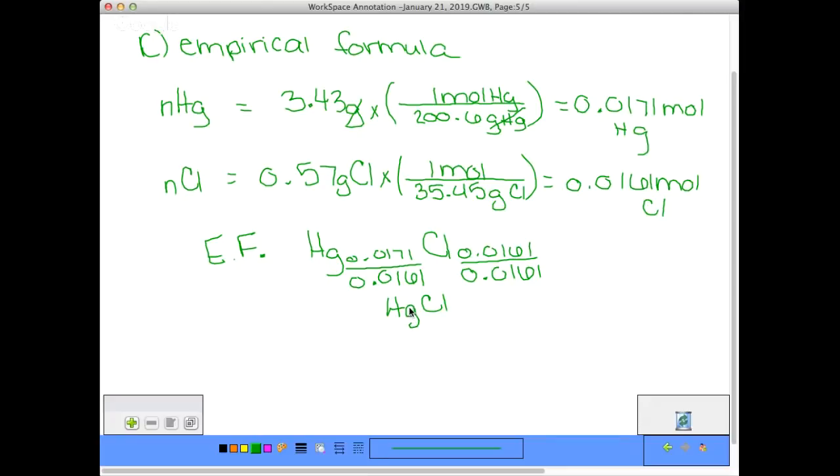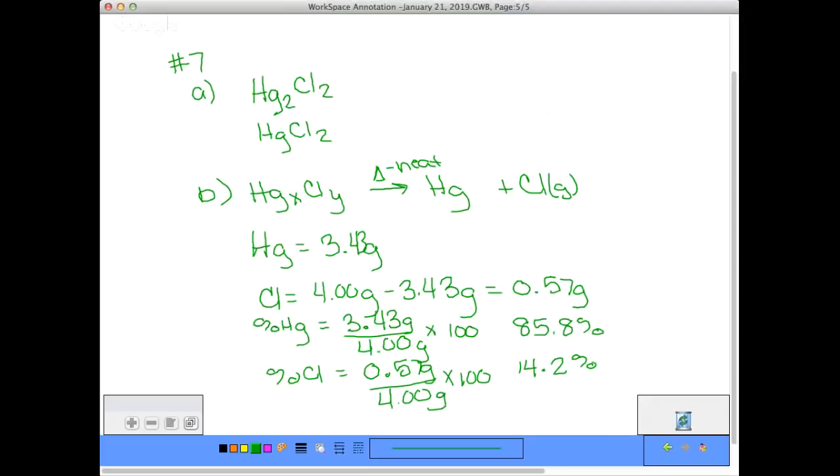Now, this isn't the actual molecular formula. It's just the ratio. If we go back to our previous page and look at our 2 possible formulas, either Hg2Cl2 or HgCl2, the only one that matches the 1-to-1 ratio is Hg2Cl2.